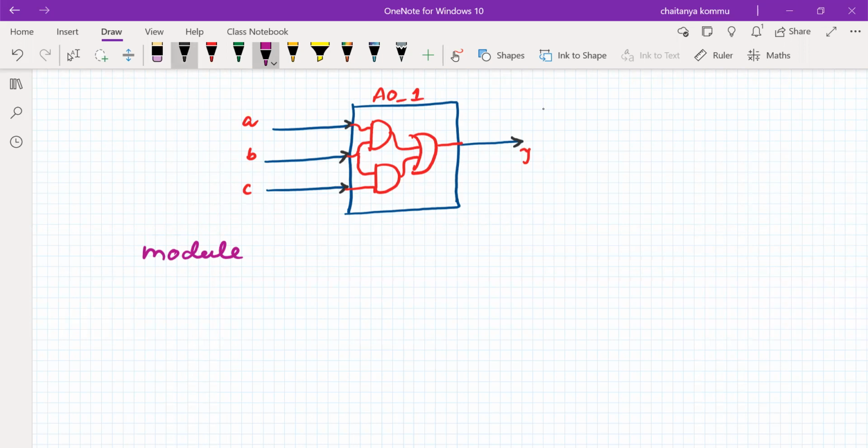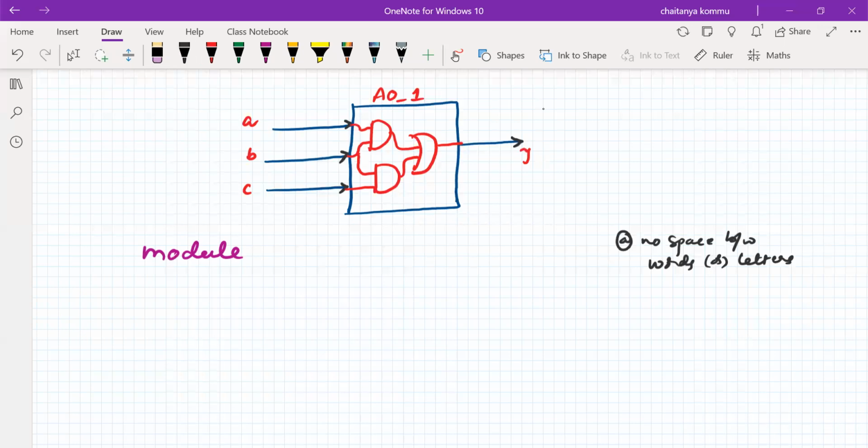Now we have to give the name of the module, name of this black box. I have given AO_y. It is actually a user defined thing, and that means you can give any name, but you have to remember that there should not be any kind of space between the words or letters. The first most important thing is that no space between words or letters.